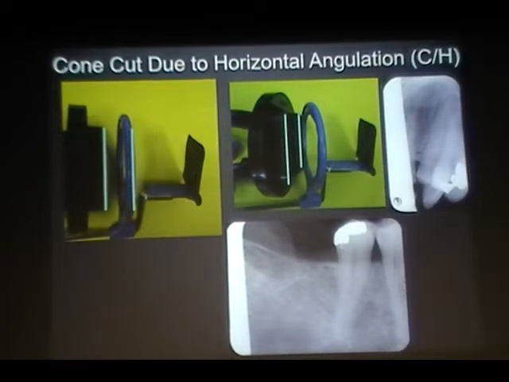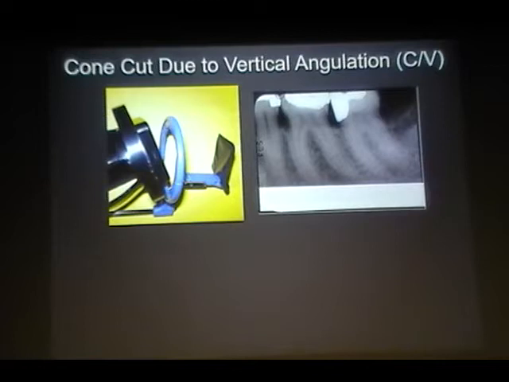Again, if you're not placing the proper horizontal angulation, you could end up getting the problem again, here is a cone cut. And here is too much vertical angulation. You're keeping the cone like this, if the teeth are like this.